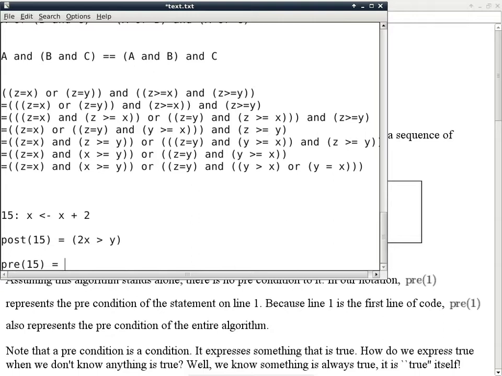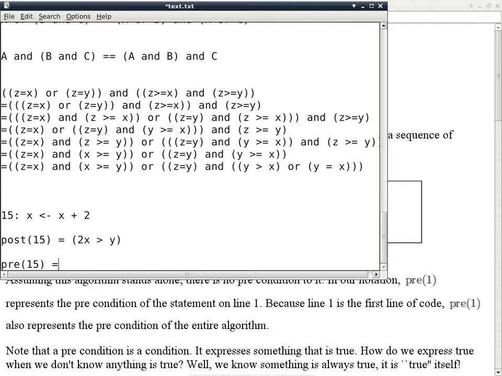Yep. I'm thinking to disprove that 2x is greater than y, x can be a negative number. X can be any number, it can be fractions. Okay, so let's assume x is a real number. So you can have fractions. Can we still say something about x and y or how they relate before line 15 in this case?